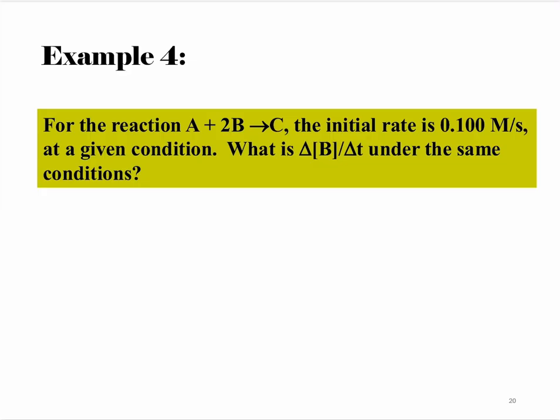Since B is either a reactant or a product, which one is it? It's a reactant, right? That would be the rate of what for that species? Depletion or decomposition, however you want to phrase it. So you're solving for the rate of depletion.